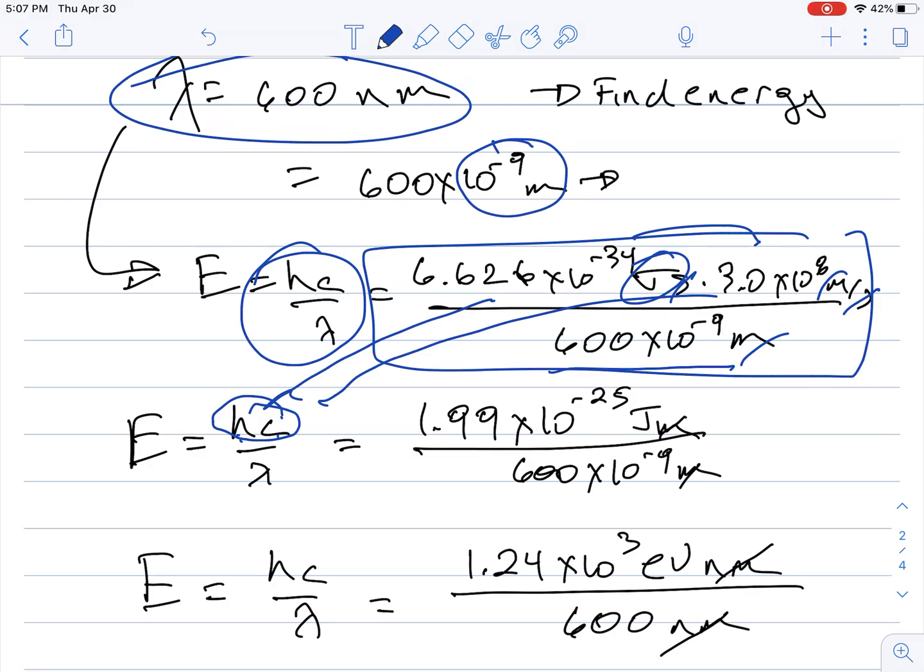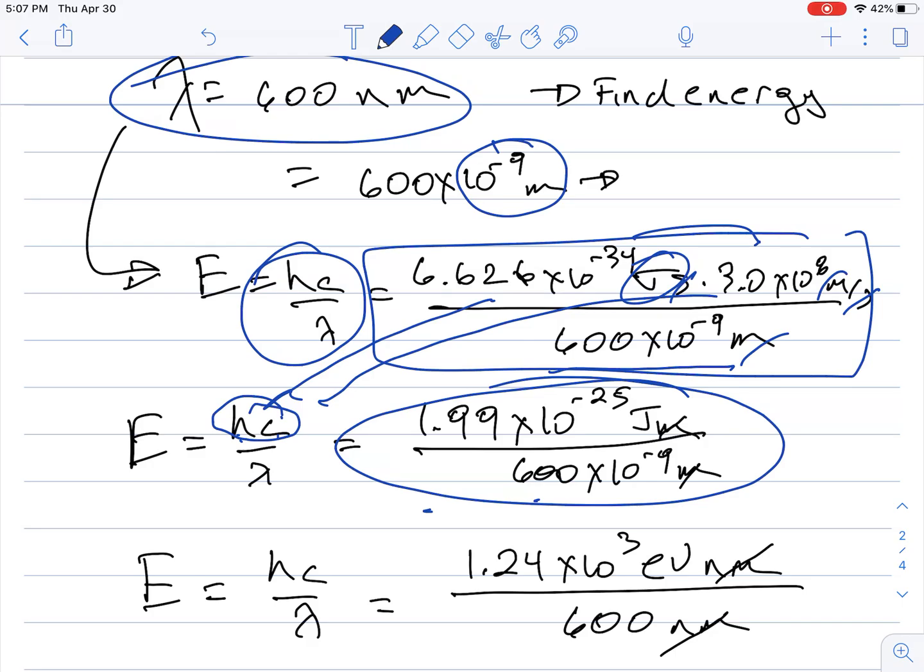The seconds cancel out and you get joule meters. Then you still have to take the nanometers and change that into meters, and you get this. So this is another way that you can do the problem.